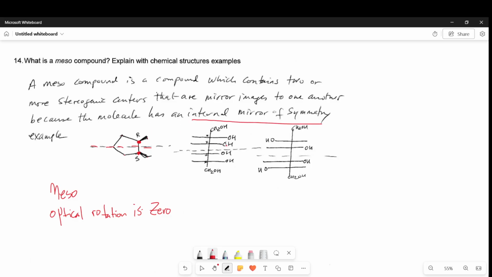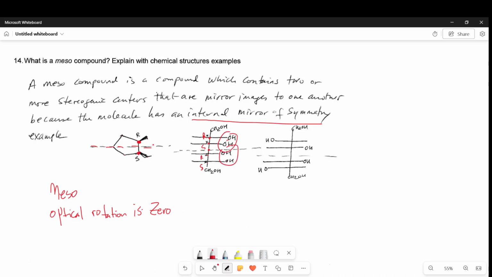For example, in this case, if you look at this as a mirror passing through this molecule, this stereochemistry, let me say, if this is S, if this is R, this would now be S, this would be R. That means this is a mirror image to that, R, this is a mirror image to that, OH is OH, this to OH are also this to OH.